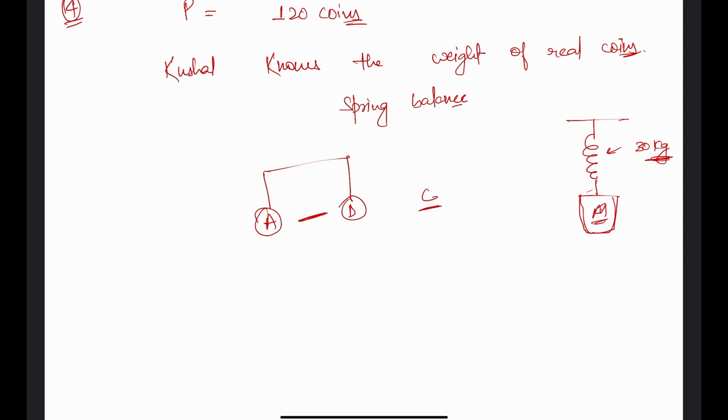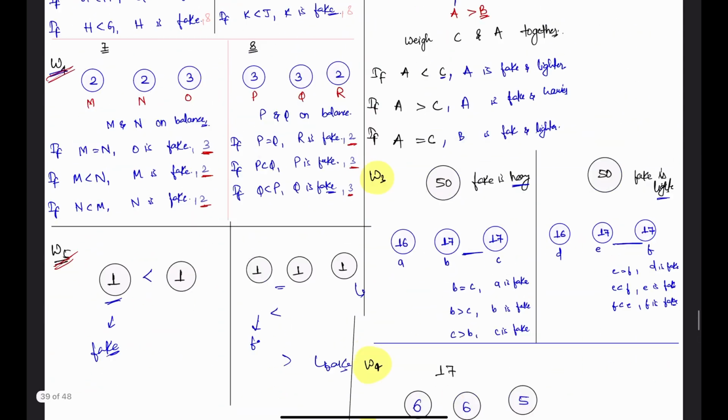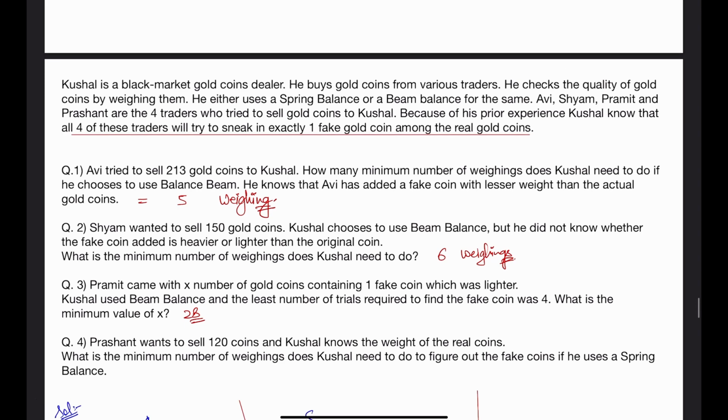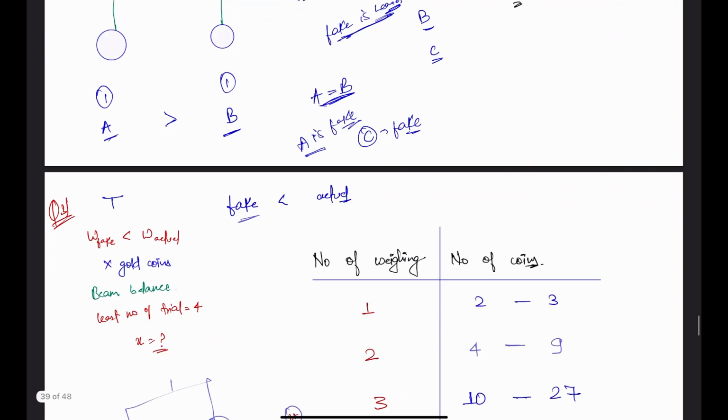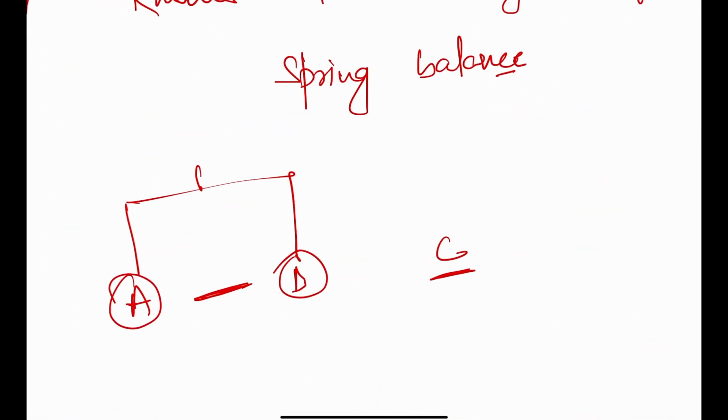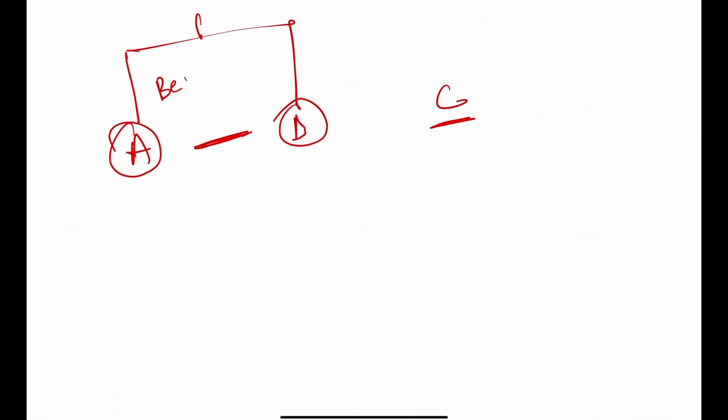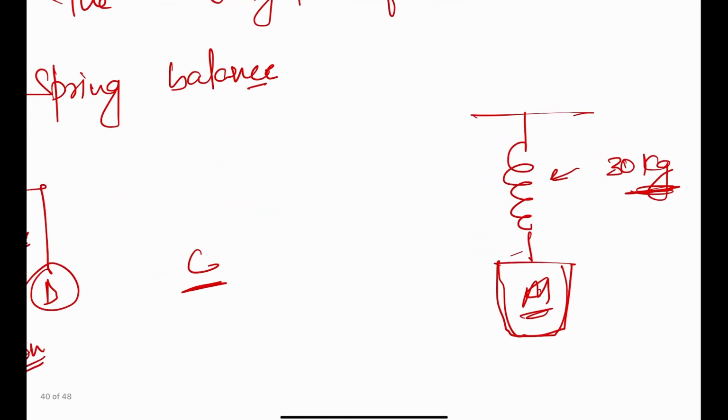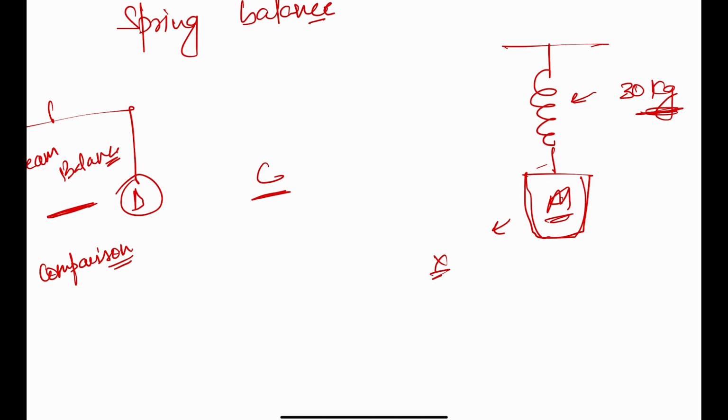This one is a common balance, right? Or beam balance. This is called the beam balance. So in a beam balance, the concept is comparison. We can compare. But in a spring balance, there is nothing like comparison between two. There is only one thing: we know the exact value, we just keep it, and now we have to figure it out.